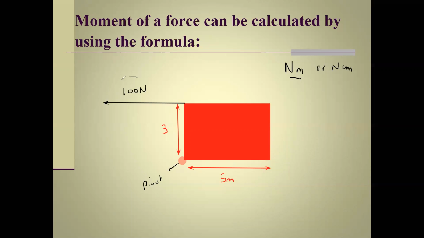What is the force? The force is given, 100. But what is the perpendicular distance between the pivot and the force, 5 meter or 3 meters? What is the perpendicular, or 90-degree, distance from the pivot to the point where we applied the force? 3 meters.